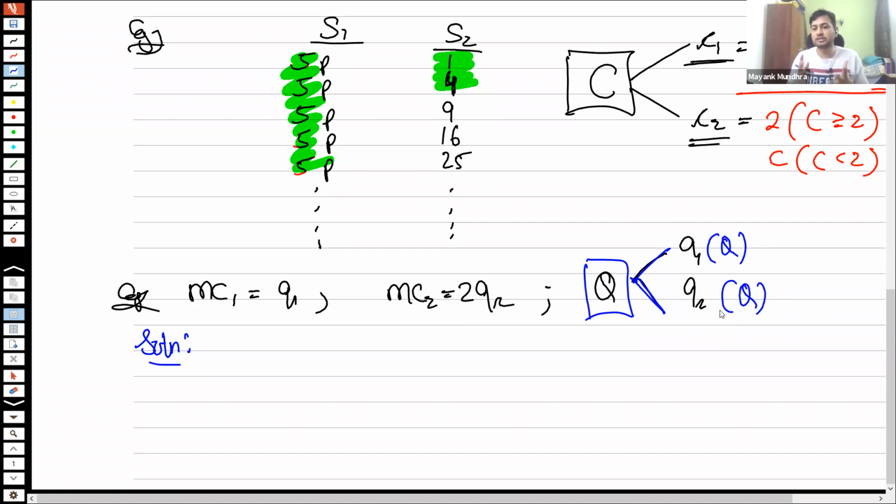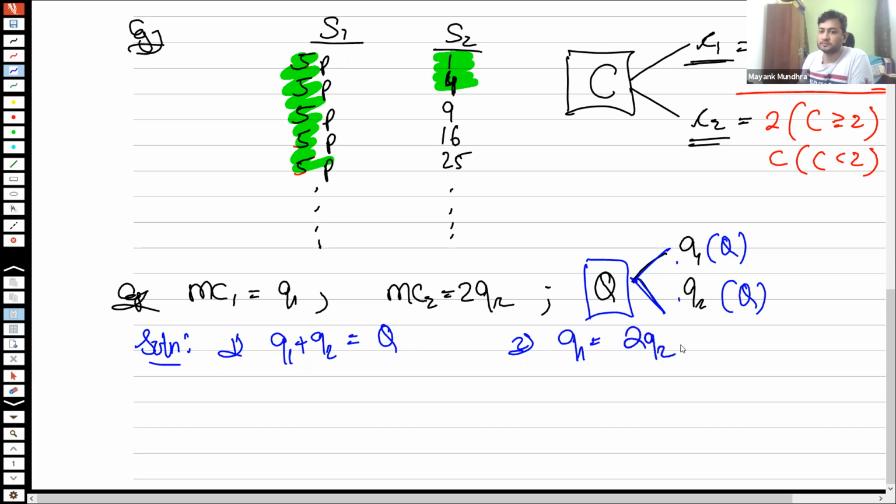I always keep telling you this: first, focus on what are the things that you have to find. You have to find two things, Q1 and Q2, so I need two equations. The first equation is Q1 plus Q2 must be equal to capital Q. And the second equation is the one I just defined, that MC1 at Q1 must be equal to MC2 at Q2.